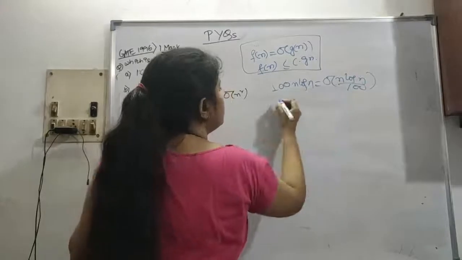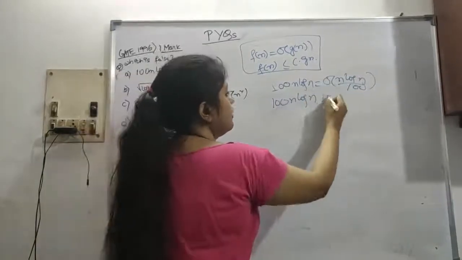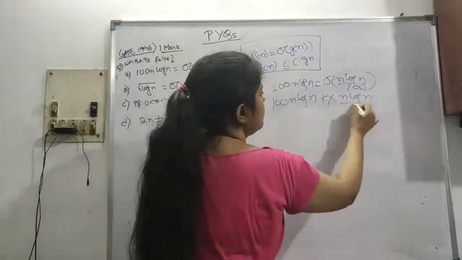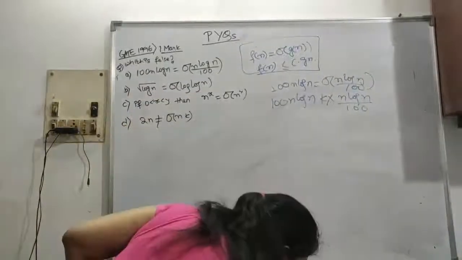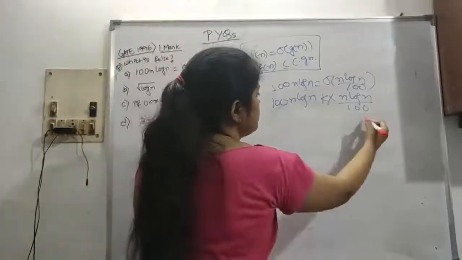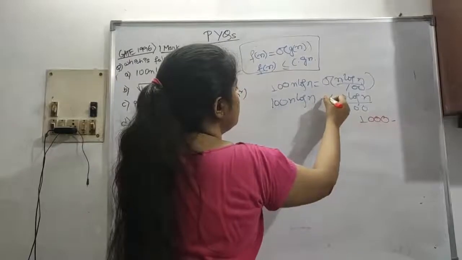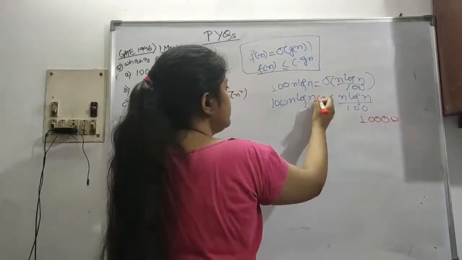If we take c as 1000 or something, this will come out less than.